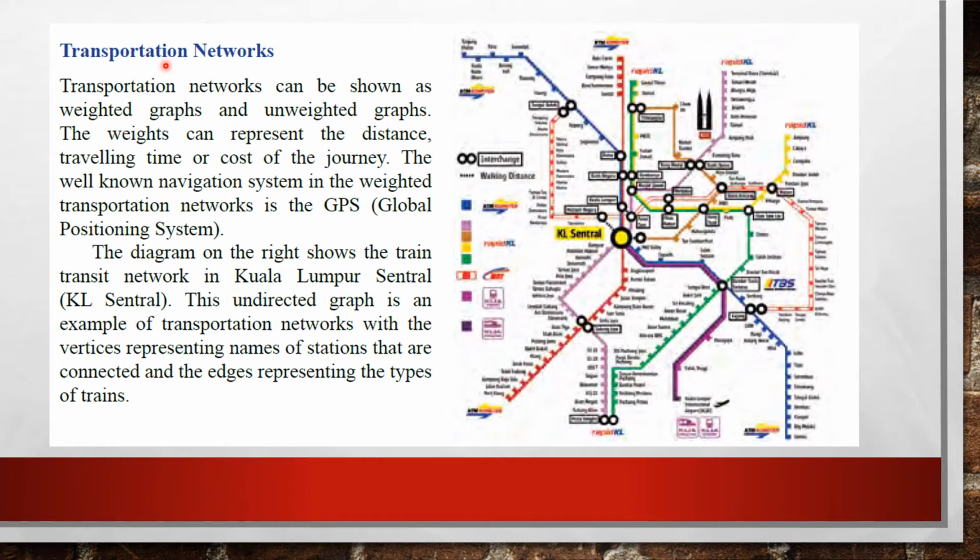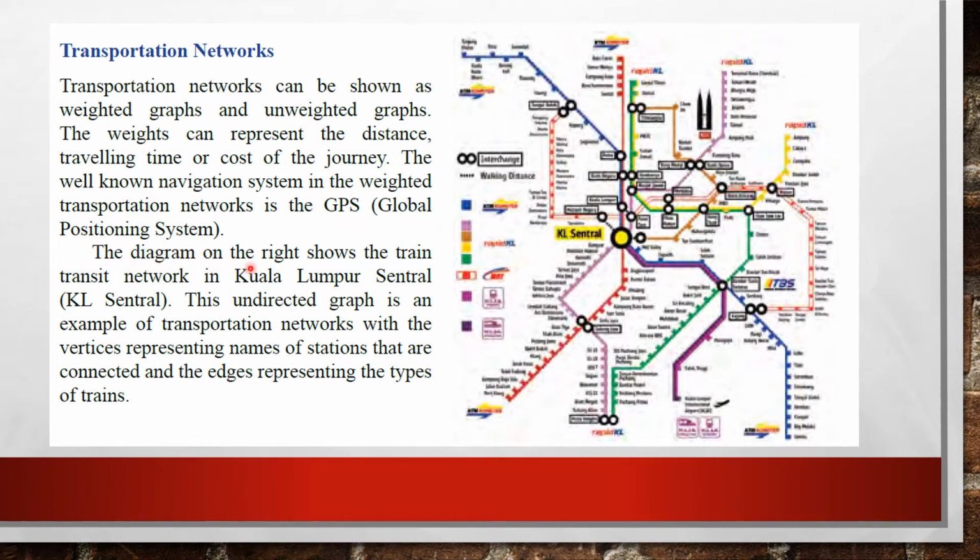So you can see this diagram at page 143. Transportation networks can be shown as weighted and unweighted graph. The weights can represent the distance, traveling time, or cost of the journey. The well-known navigation system in the weighted transportation networks is the GPS, Global Positioning System.